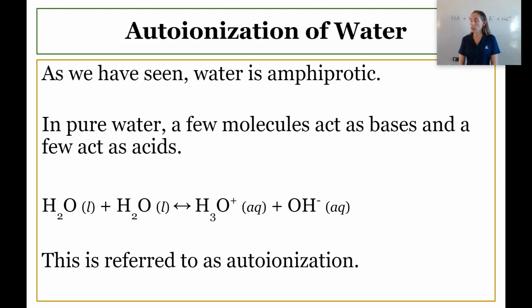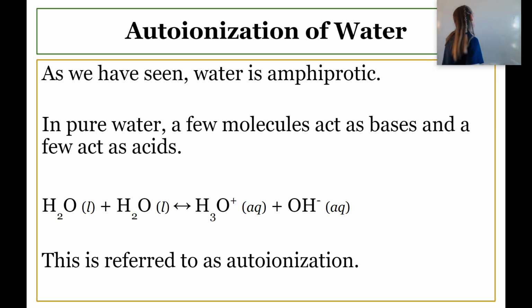So in pure water, you have H2O plus H2O. A few of those molecules, very few of them, can act as an acid, and very few of them will act as a base, which means that some of those water molecules will give up a hydrogen to other water molecules, and then you would come up with your reaction here, your H3O and your OH as products.